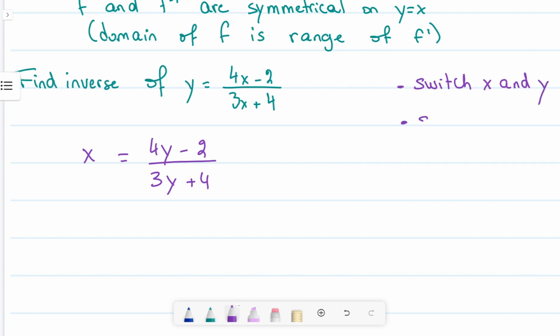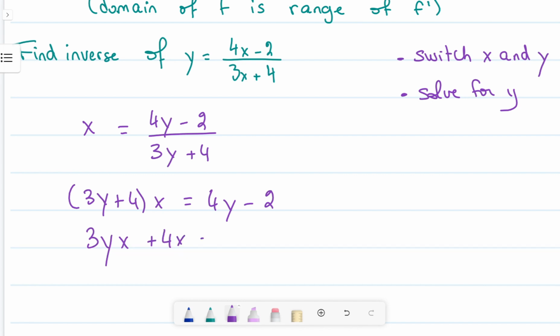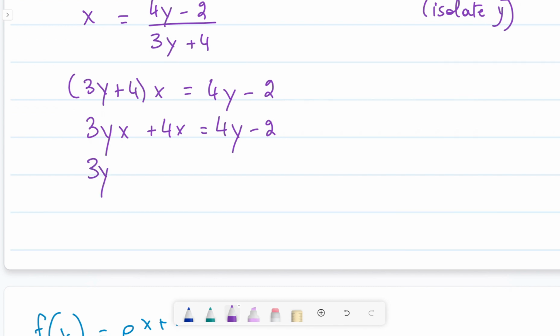Then solve for y. We can cross multiply: 3y plus 4 times x equals 4y minus 2. So 3yx plus 4x equals 4y minus 2. To solve for y, we can isolate y. We put all the y's on one side, 3yx minus 4y, and everything that's not a y on the other side.